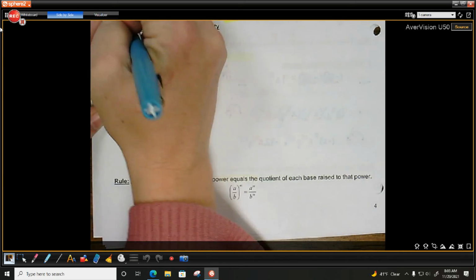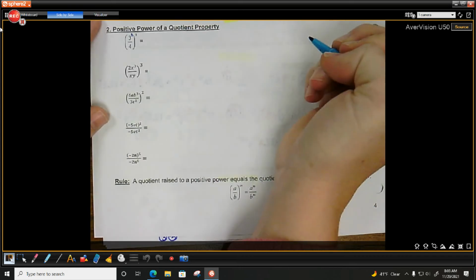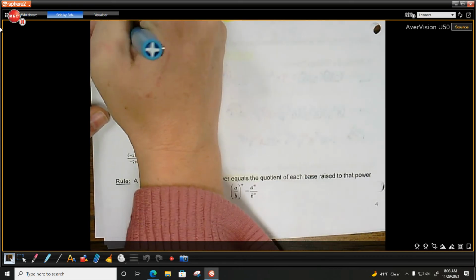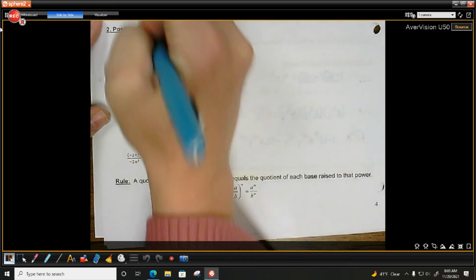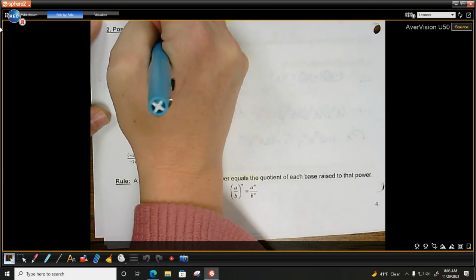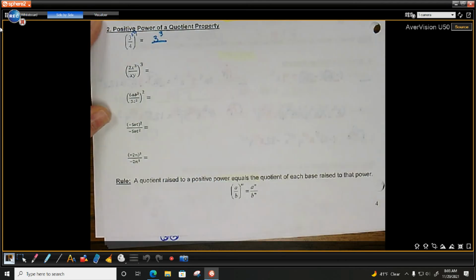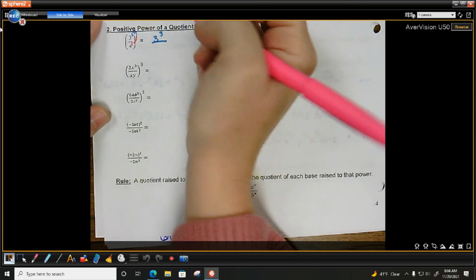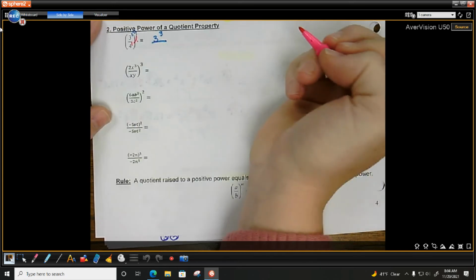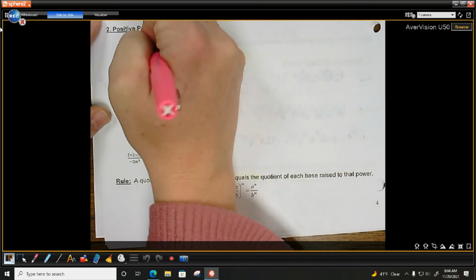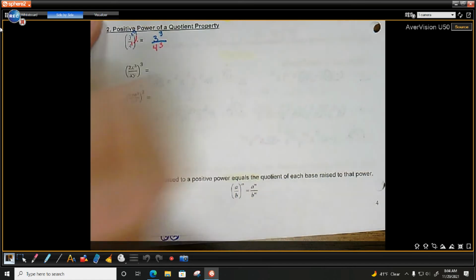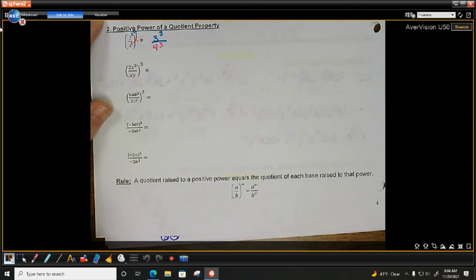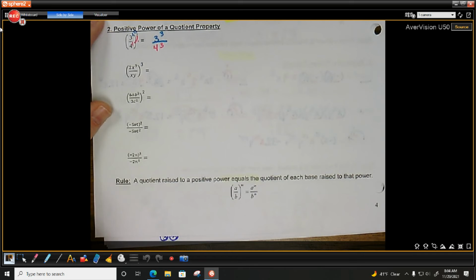So what's 1 times 3? 3. So this becomes 3 to the 3rd power. Over 4 doesn't have an exponent, so put an exponent of 1. 1 times 3 is 3, so 4 to the 3rd power. Do you see how this is essentially what we just did on the front? You're distributing that exponent to every base in the parentheses, raising every base to the power.